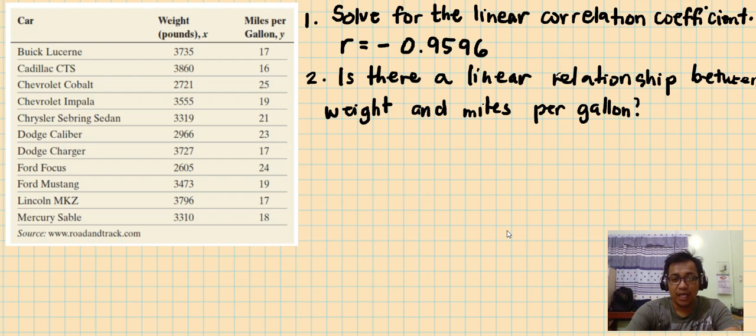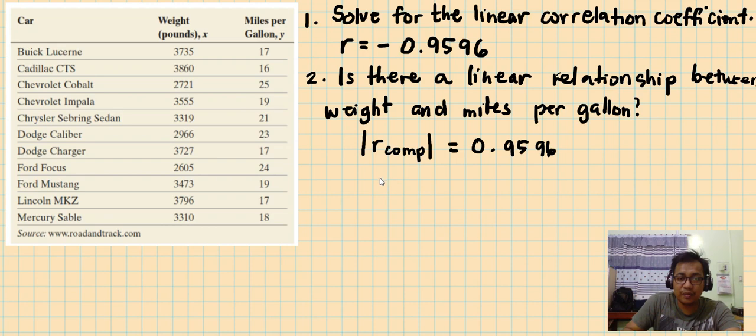So, what is our R computed? The absolute value of R computed is the one we computed above. We just remove the negative. So, 0.9596. Now the problem is, what is our R critical? The R critical can be located in our table. Let me open the table now.